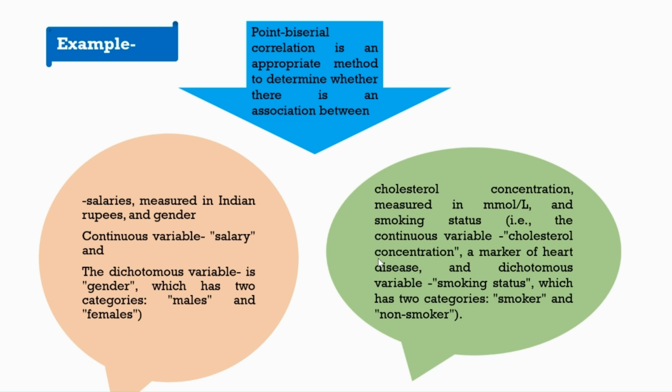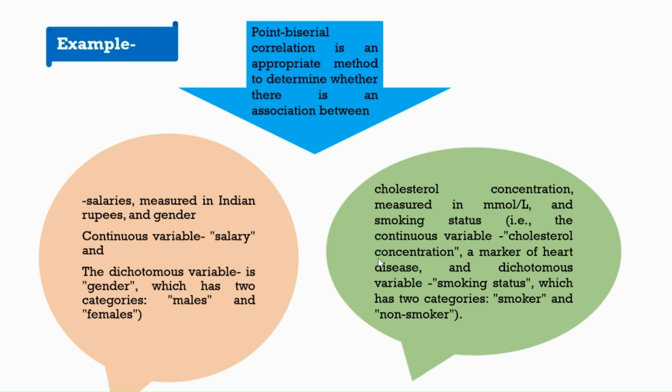As we know, point biserial correlation is an appropriate method to determine whether there is an association between variables. In the first example, we want to measure the association or correlation between salary, measured in Indian rupees, and the second variable, gender, that is male and female.